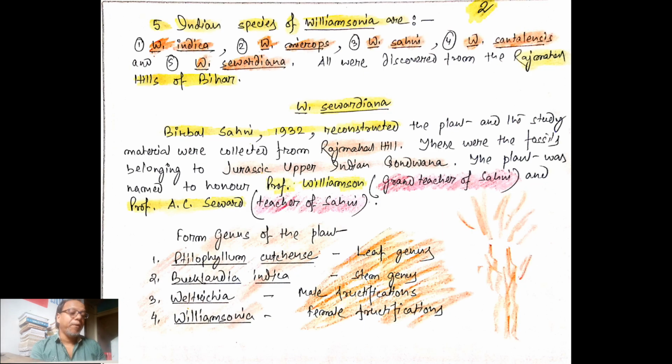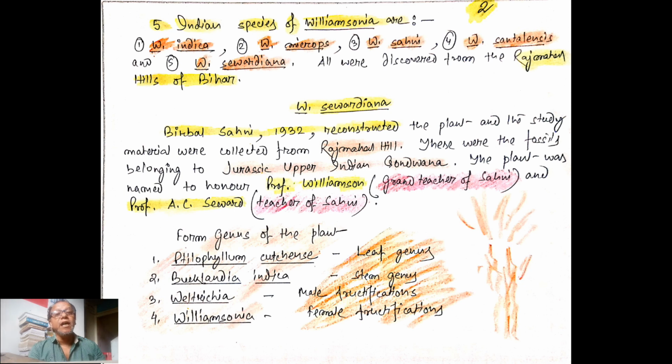On the next page, it is written that 5 Indian species of Williamsonia are known. It means that in India 5 species were discovered from the Rajmahal Hills of Bihar, and these are Williamsonia indica, Williamsonia microps, Williamsonia shahni, Williamsonia santalensis, and Williamsonia sewardiana.